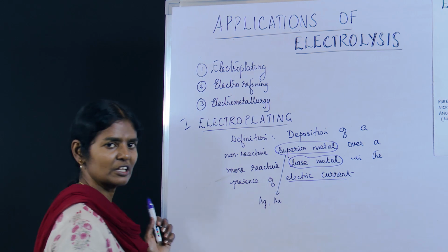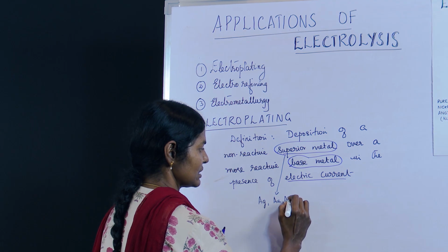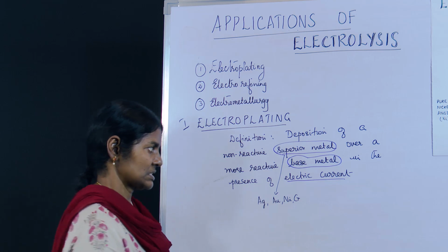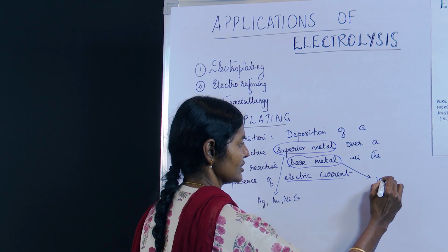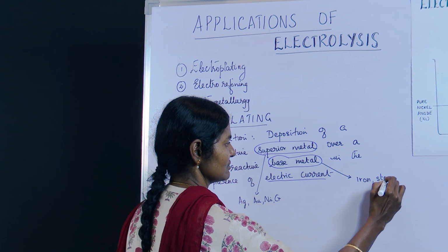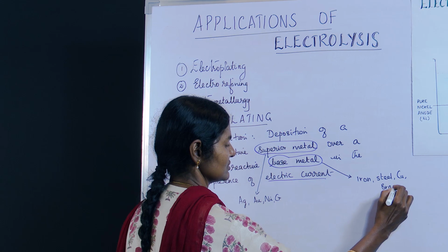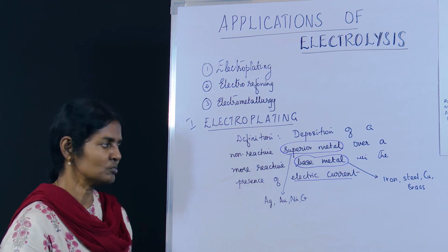These are superior metals that we use, or sometimes we use nickel or chromium to prevent rusting and other things. And the base metal is usually iron, steel, copper, brass. So that gives you an idea of electroplating.